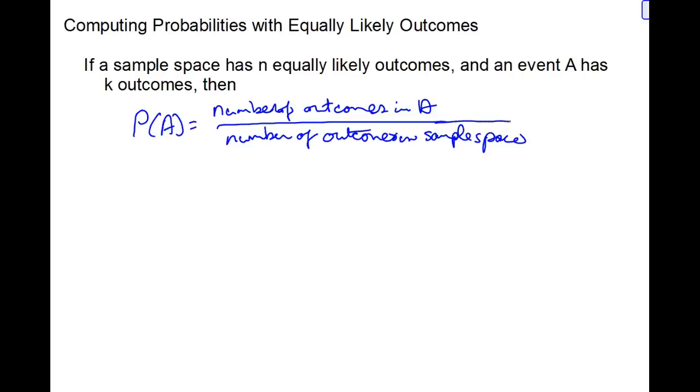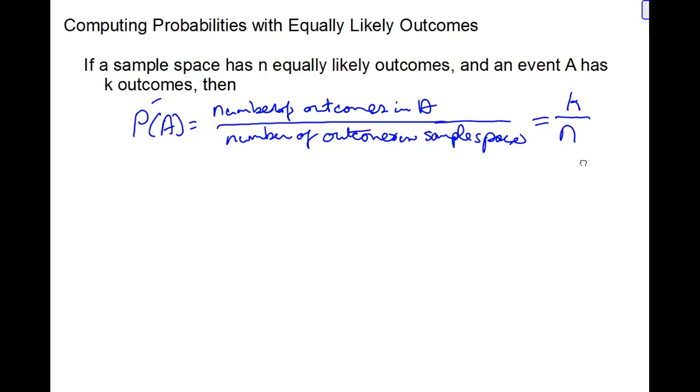So in other words, how many items are in our sample space would go in our denominator, and how many times that event can come up would go in our numerator. So that's going to be our K, the K outcomes in event A, divided by our N, our total number of outcomes.